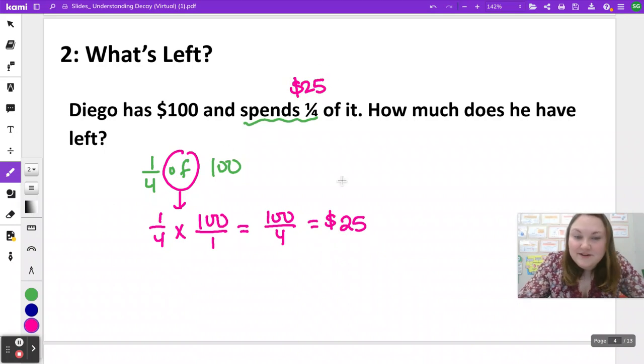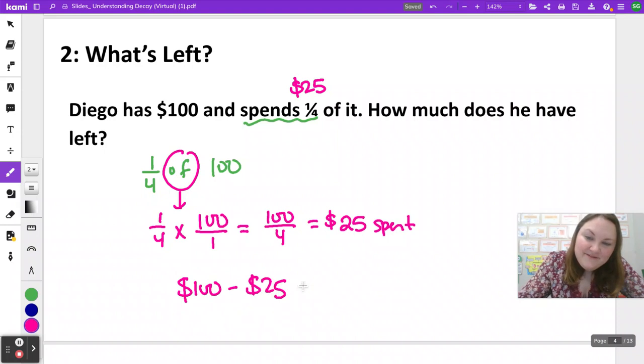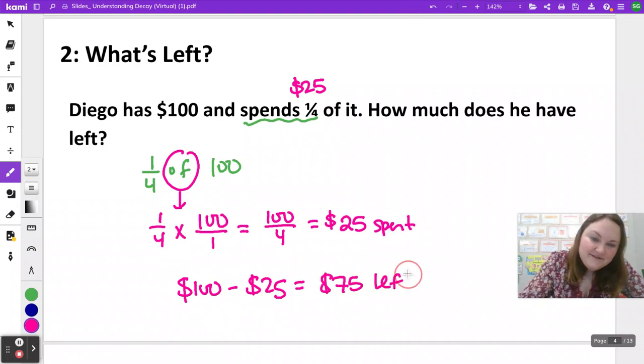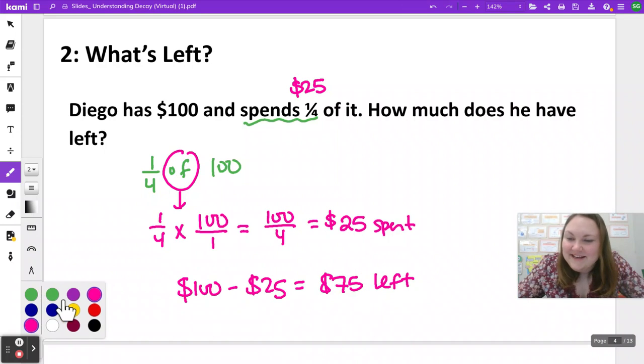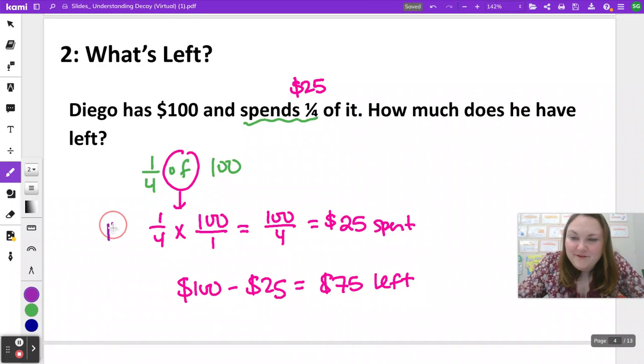So if he spends $25, to find how much money he has left, I'm taking my $100 and subtracting $25 to figure out that he has $75 left. To get that answer, there's 2 steps I'm doing, right? My first step is I'm figuring out what 1/4 of 100 is.